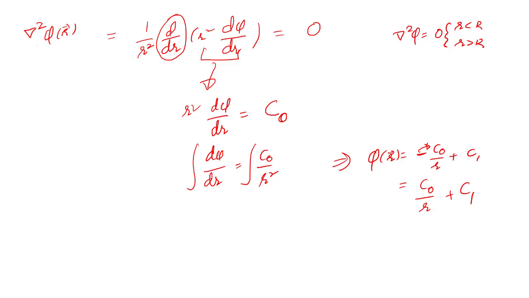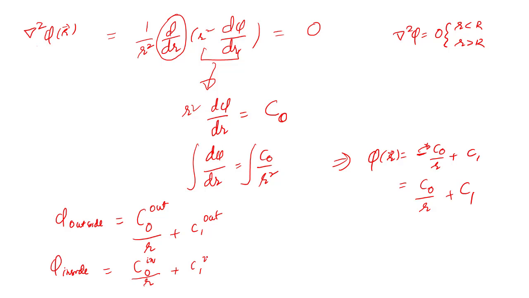So then we can write phi outside as C0 out by r plus C1 out, and phi inside would be C0 in by r plus C1 in.